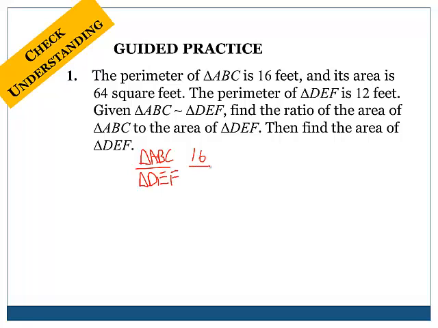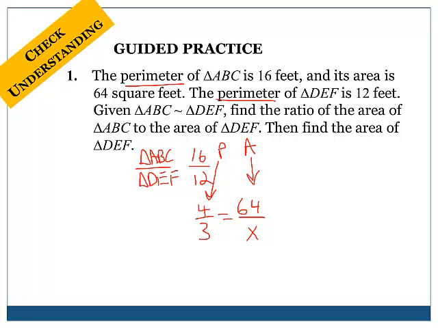And the reason I say corresponding side length is because remember, perimeters and corresponding side lengths in terms of a ratio are exactly the same. So if I were to reduce this, I would get 4 to 3, and then I'm trying to compare with 64 to x. Again, this is your area. This is your perimeter or your corresponding side length.